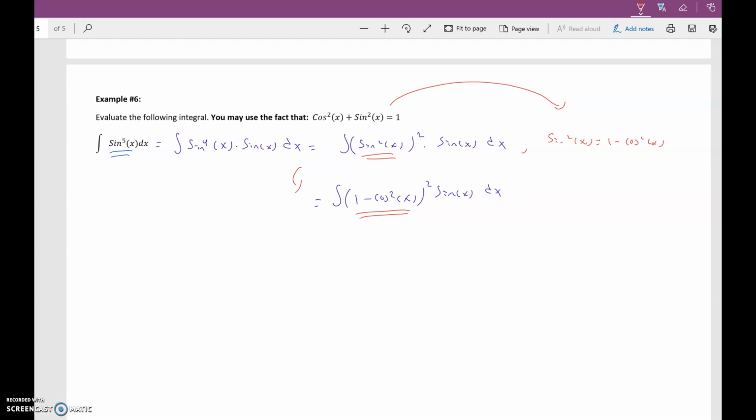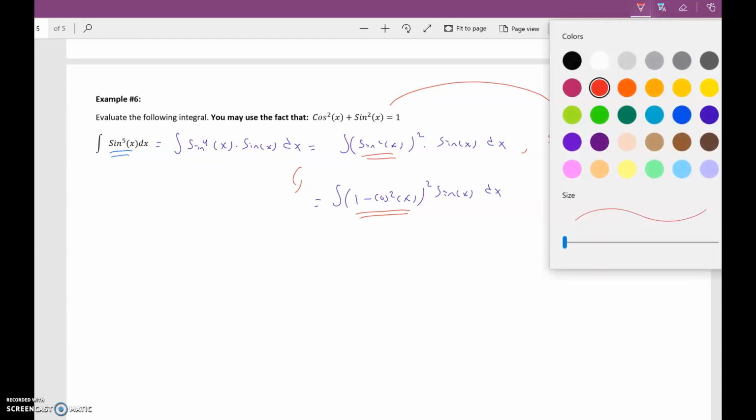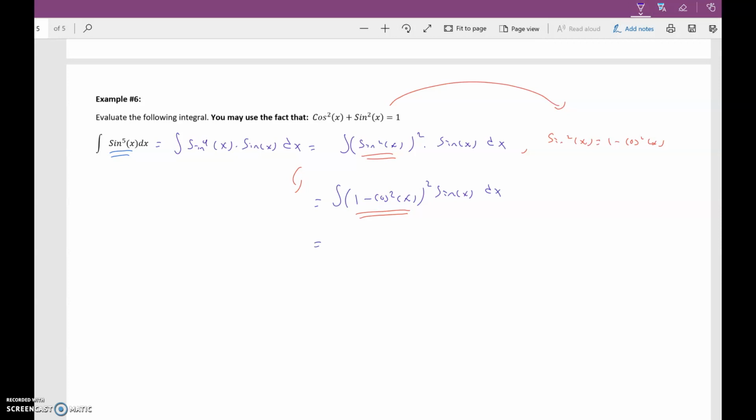So here, if I want to use a u substitution, I'm going to rewrite it as 1 minus cosine of x squared, just expressing it in a different format, and then times sine of x dx.